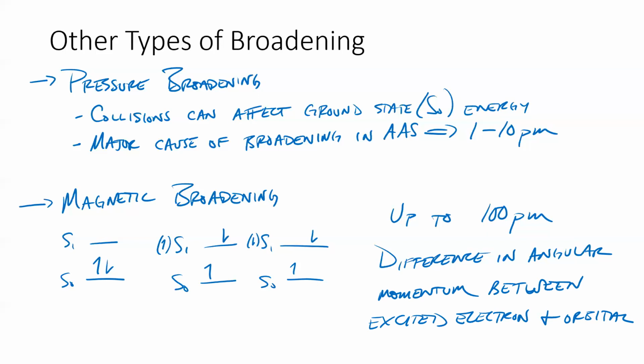And there are ways to get rid of this. If we can place the whole flame assembly in a magnetic field, that is going to force more of the orbitals to have the same angular momentum.